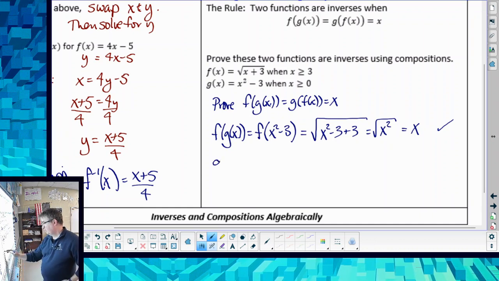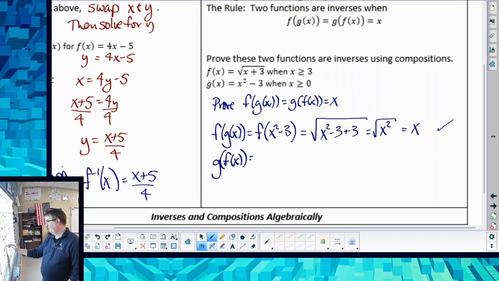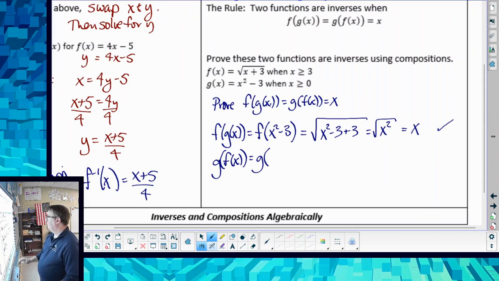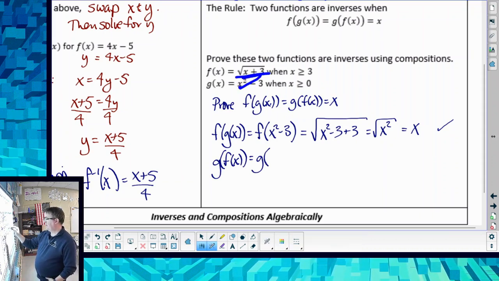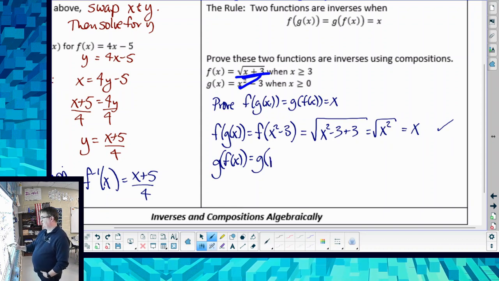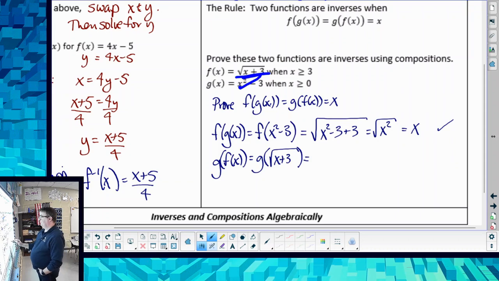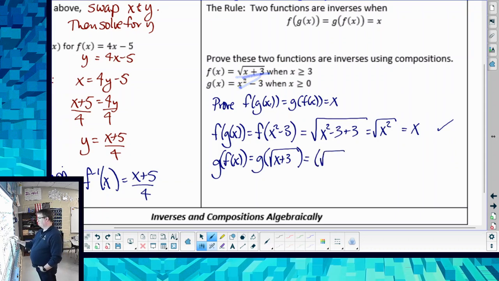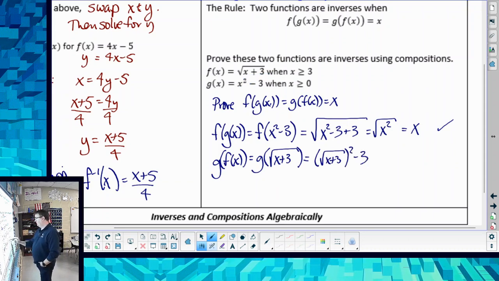Okay, so then we're going to do this in the other direction. Now I'm going to plug this into that x. So that's going to become the square root of x plus 3. So instead of the x, I'm going to write the square root of x plus 3, and that's going to become squared minus 3.